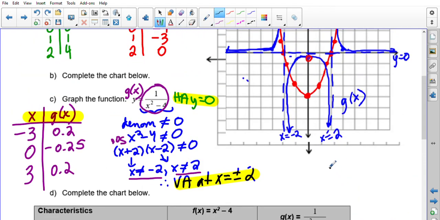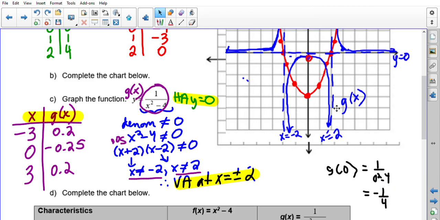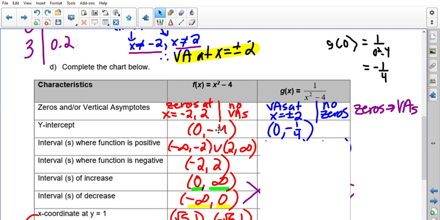You can do g at 0 equals 1 over 0 squared minus 4, which equals -1/4. So that's how we get that. Again, you should notice it is this number's reciprocal, and that's true.